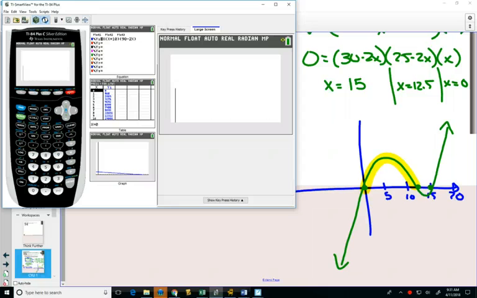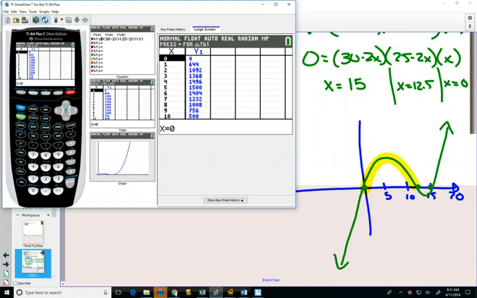And if I hit graph right now, I have my old window from before, which apparently goes way too high. So again, it might be helpful to go second table and see between 0 and 12.5, how big do the numbers get? Well, it looks like at 5, it's at 1500.